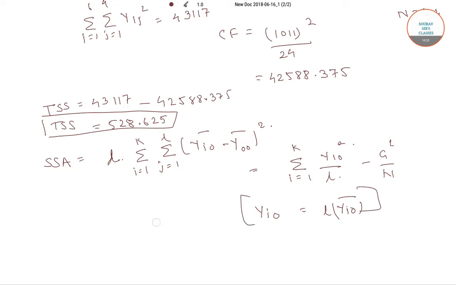So here our SSA would be equal to the summation, i runs from 1 to 6, of Yi naught square divided by 4.